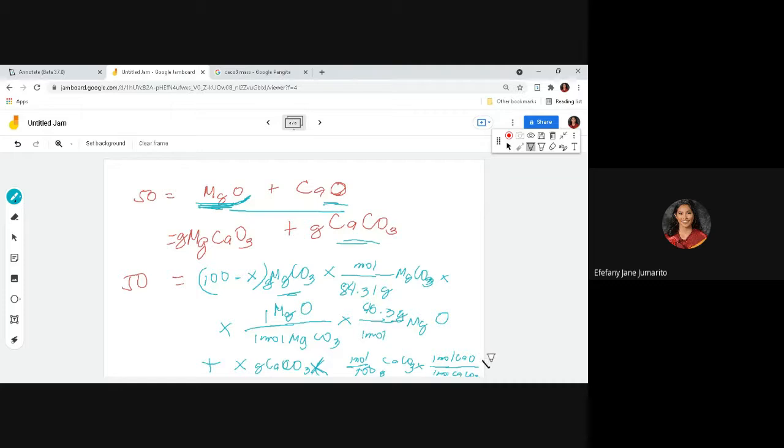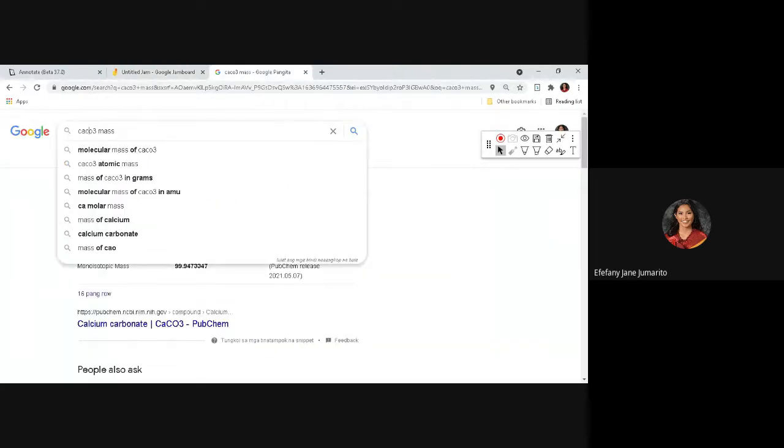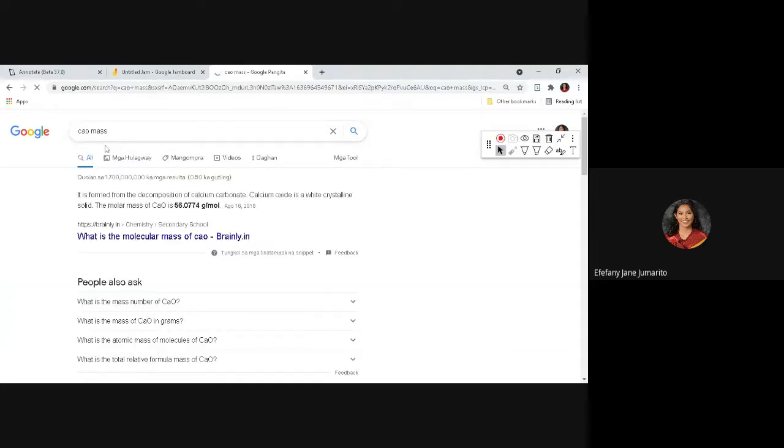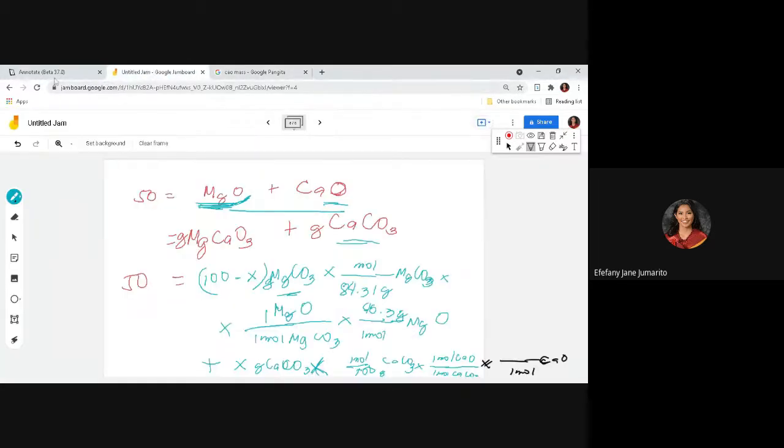Okay, times 1 mole of calcium oxide. How many grams? 56.08.